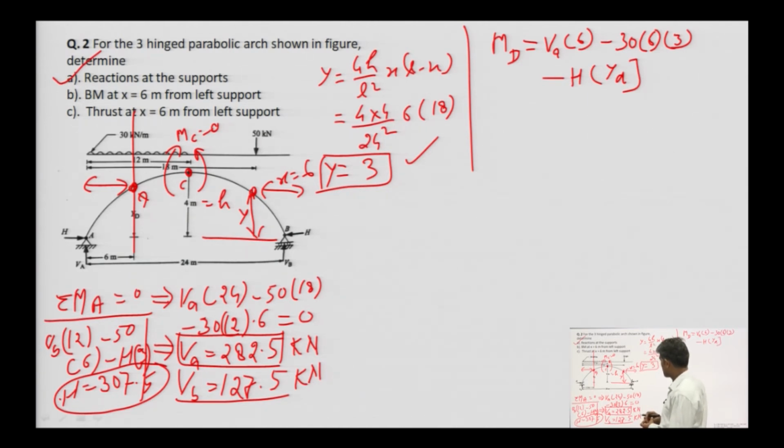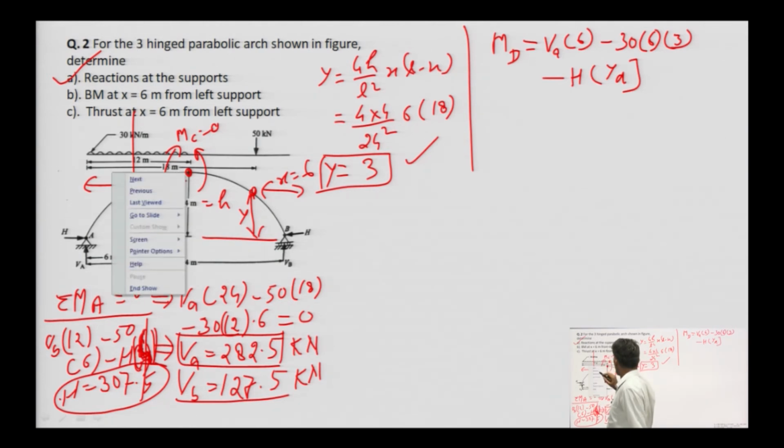H into Y. Why did we calculate the value of y earlier? Here the value of y will be 4, not 3, because we are applying the bending moment at this point.